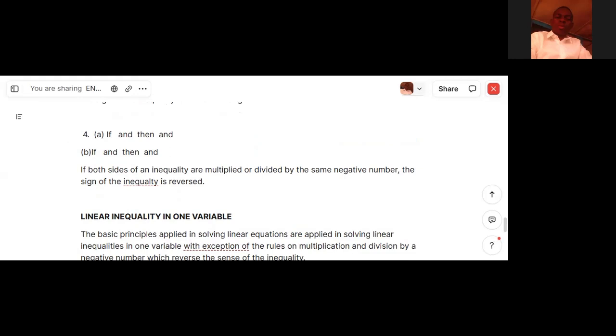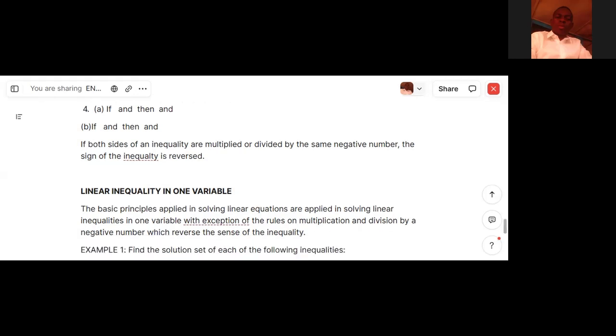We have 3 minutes left. Now we see linear inequality in one variable.